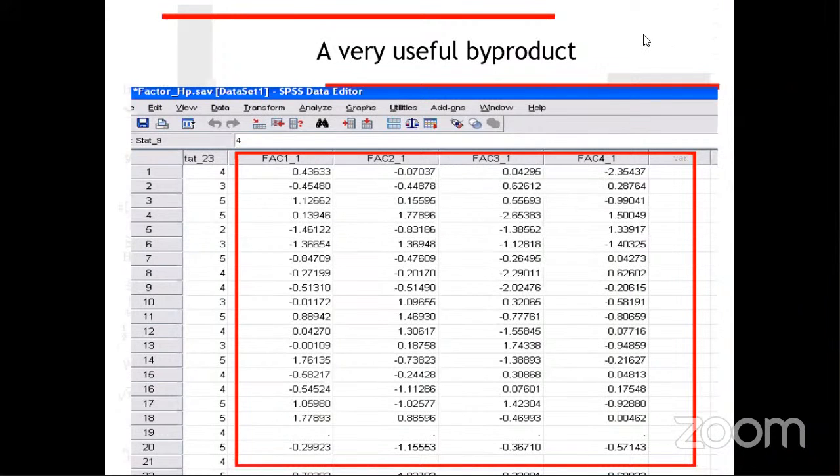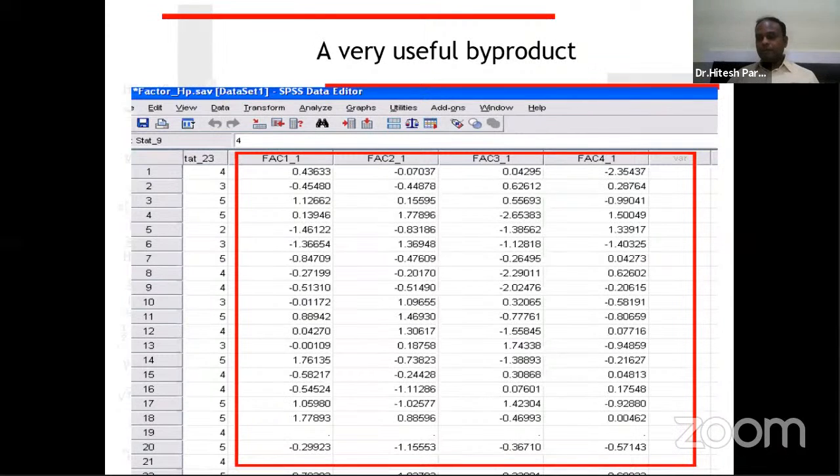Excuse me, sir. Yes, please. If we have one item which has a negative factor loading in one factor and a positive but smaller factor loading in another factor, where should we consider it? Should we change the coding, or consider it in the positive one?